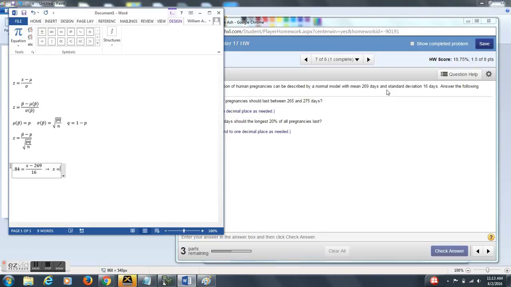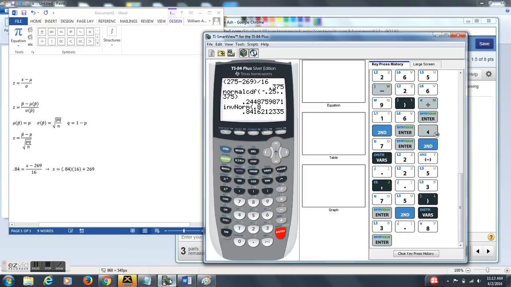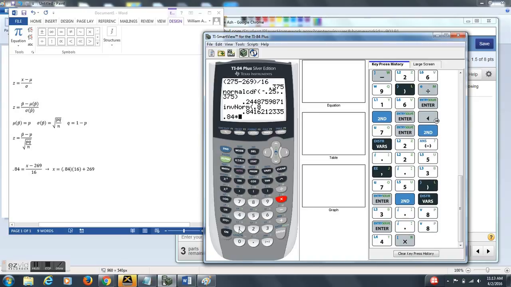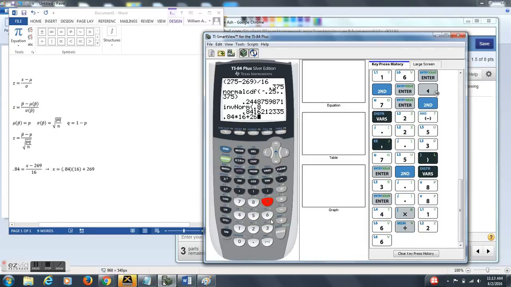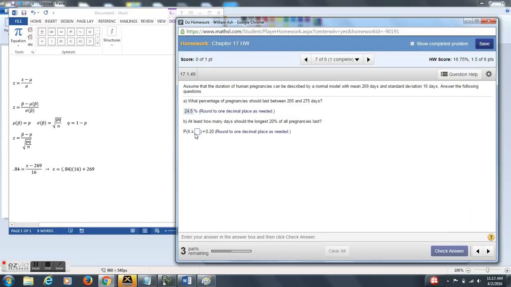Then x is going to equal 0.84 times 16 plus 269, which is 282.44. Okay.